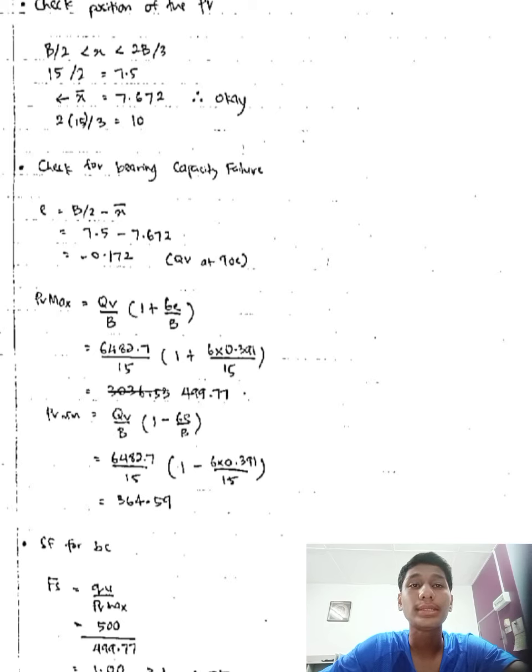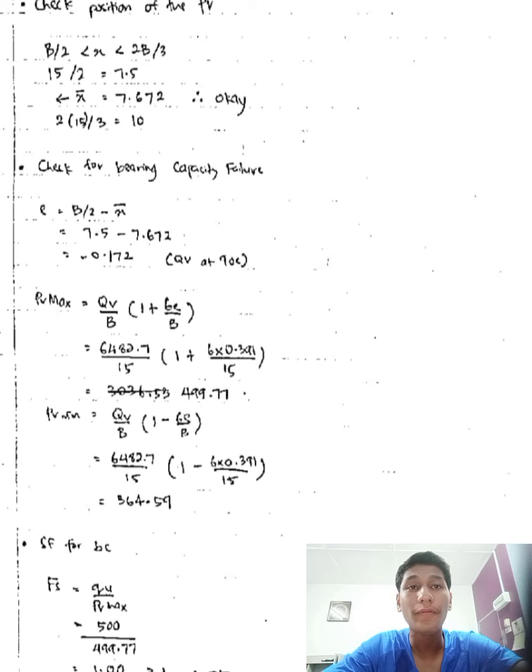PV max equal to QV per B bracket 1 plus 6E per B, where 6482.7 per 15 bracket 1 plus 6 times 0.391 per 15, the answer is 499.77.